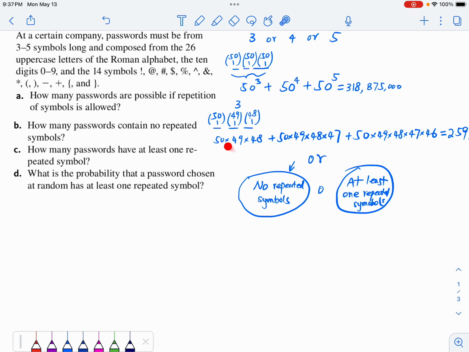Now we have found this many from part B. This is the part B result, and the total is the part A result, that's all the possible passwords. So when you add these two, you get the total possibility, all possible passwords.